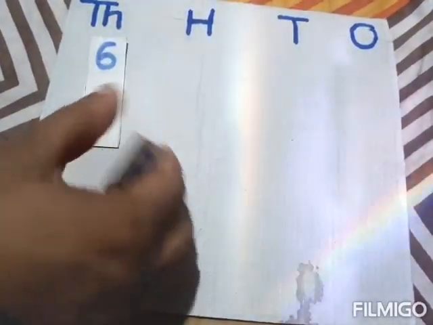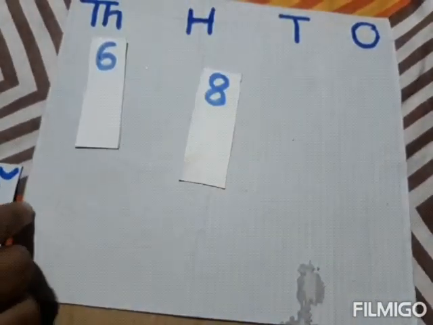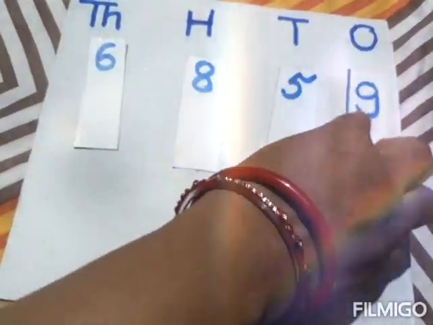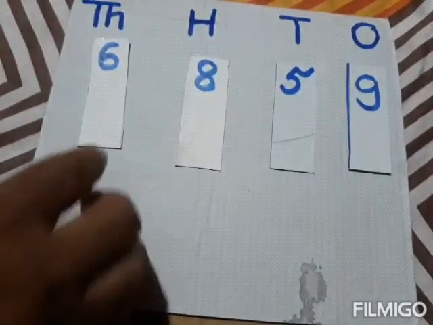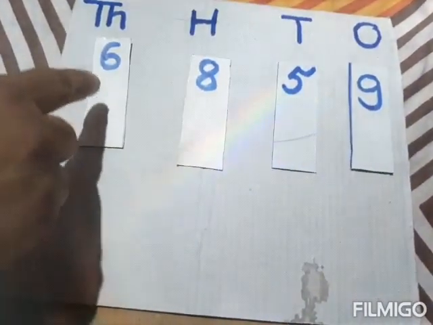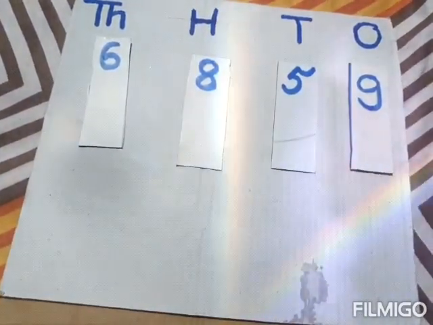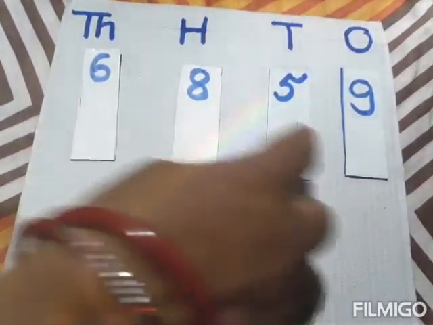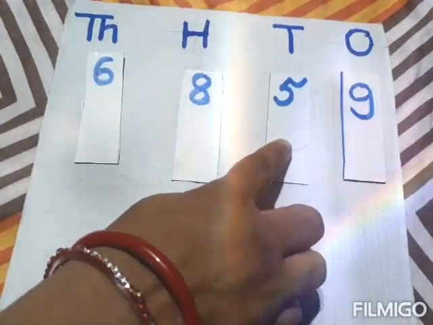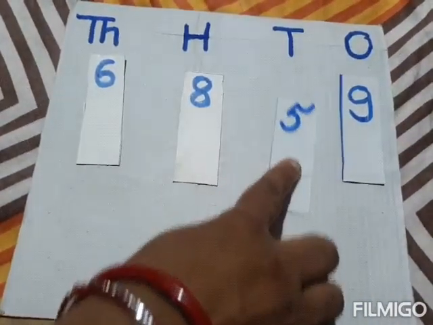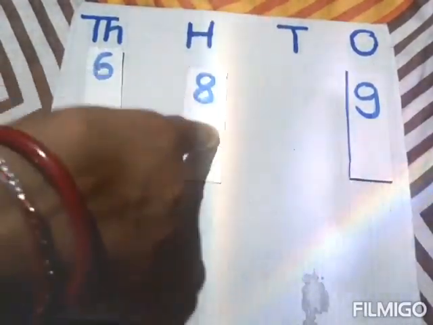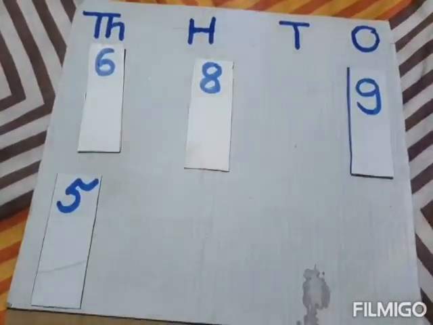Suppose I am giving the number 6, 8, 5 and 9. Okay. How will we write this? By using these four digits 6, 8, 5 and 9, how will we arrange them and write the smallest 4-digit number? As 5 is the smallest among all, I will take out this 5 and put it under the thousand place. Right, children? Then among 6, 8 and 9, which one is the smaller one? 6.